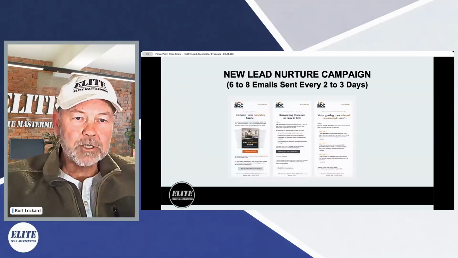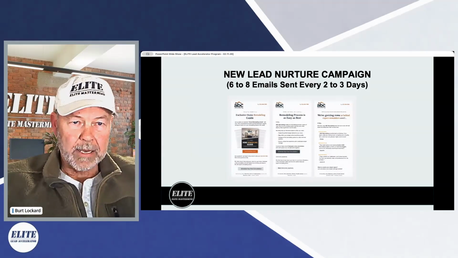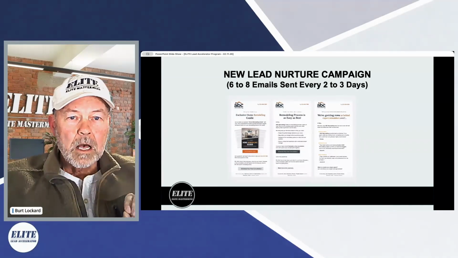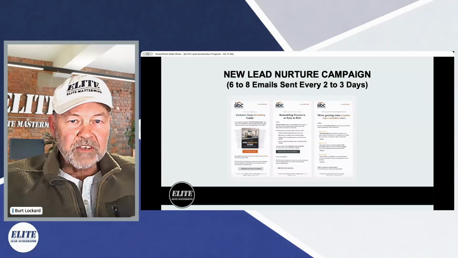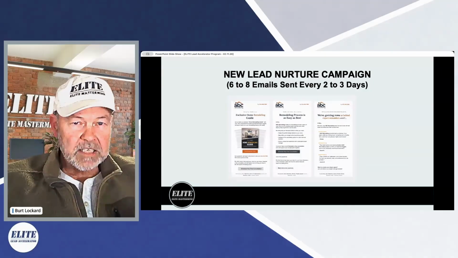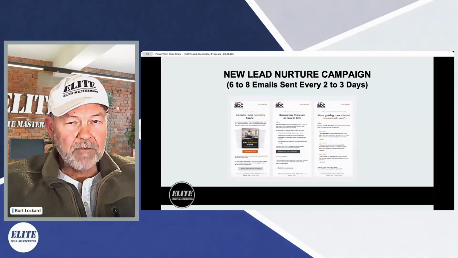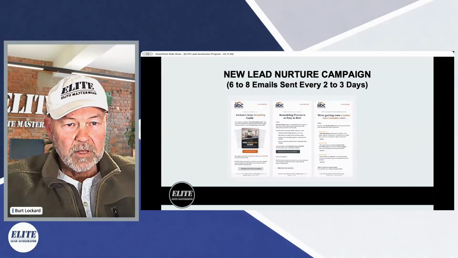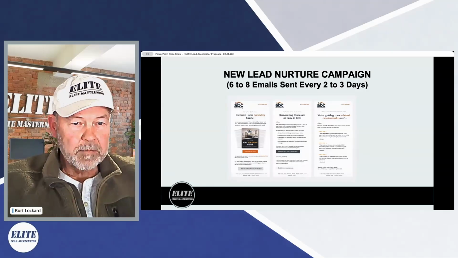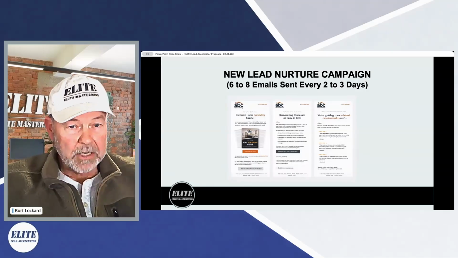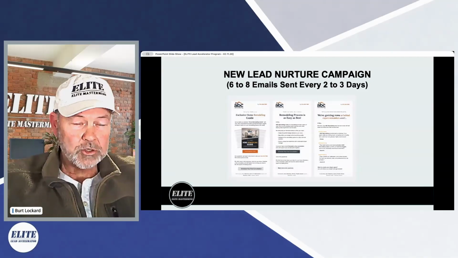All right, so getting back to the new lead nurture campaign. This is a series of either 6 to 8 emails that's sent out every 2 to 3 days. It starts with the email giving them the button to click to download the valuable resource.